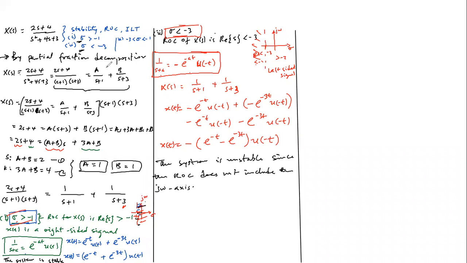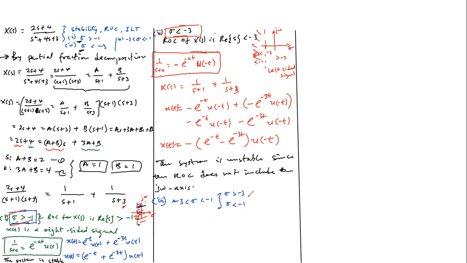Okay, let us consider the third condition. So we have minus 3 less than sigma less than minus 1. Okay, and based on this, we know that sigma in this case is greater than minus 3, and sigma is less than minus 1.